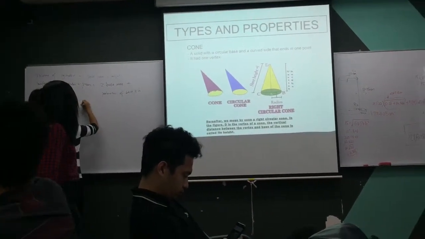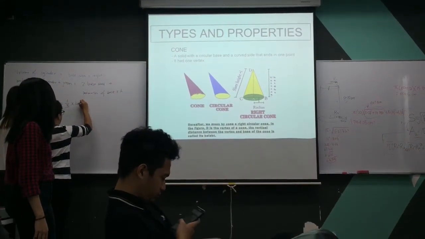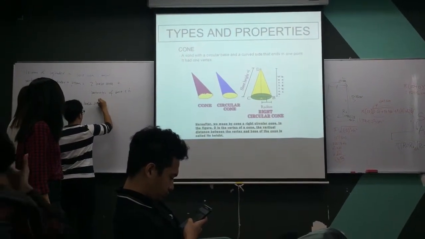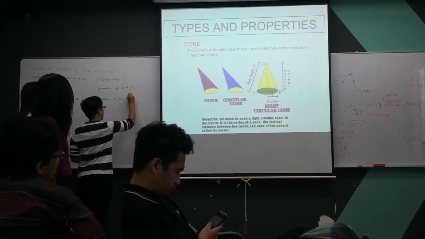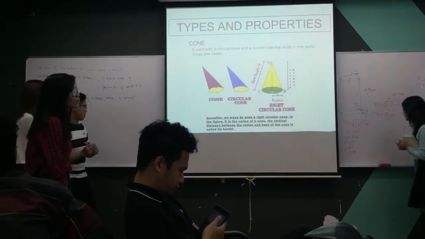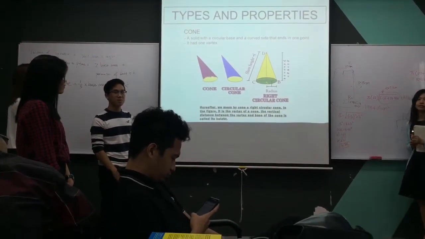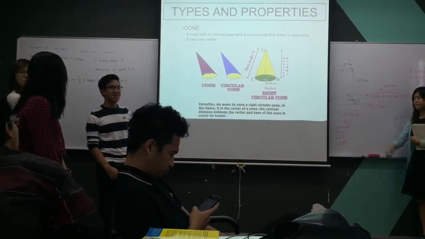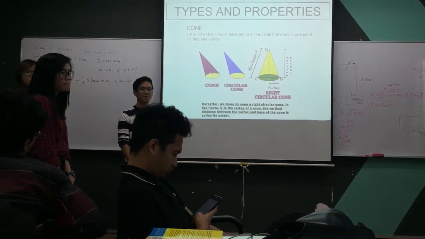It is equal to 1/3 times the base area times height. So what about an oblique cone? It's the same, right? The height will be the perpendicular height. It is not the slanted height.